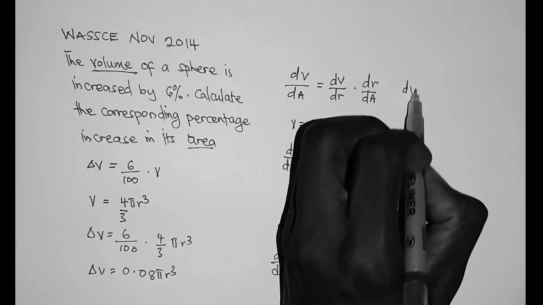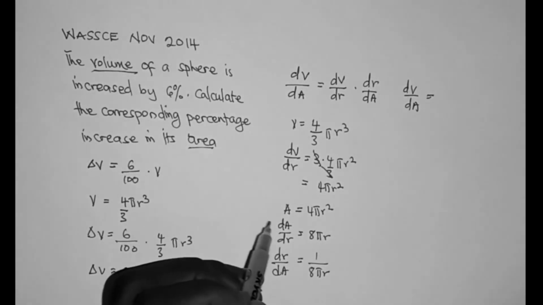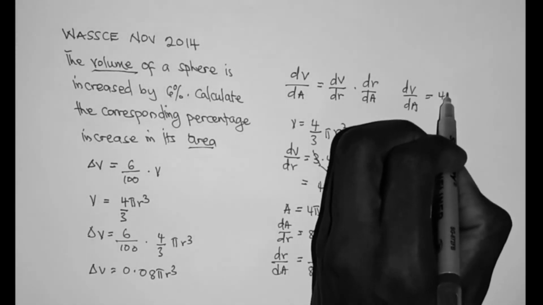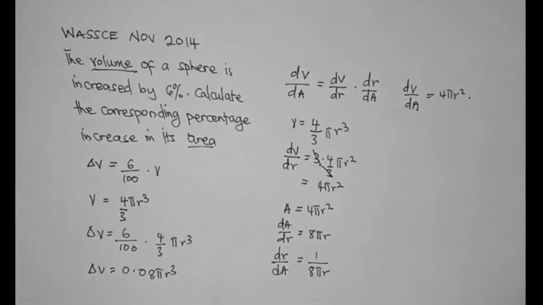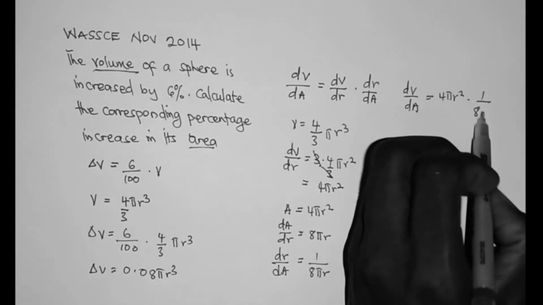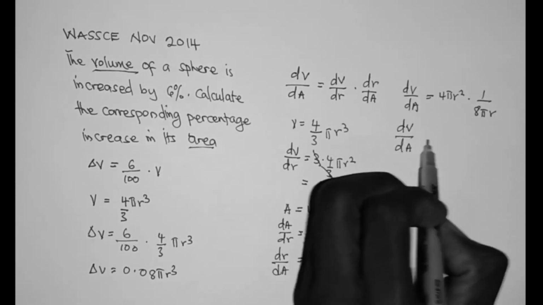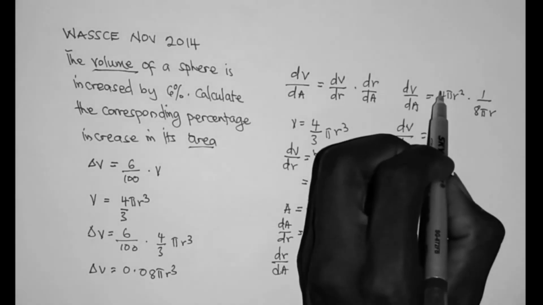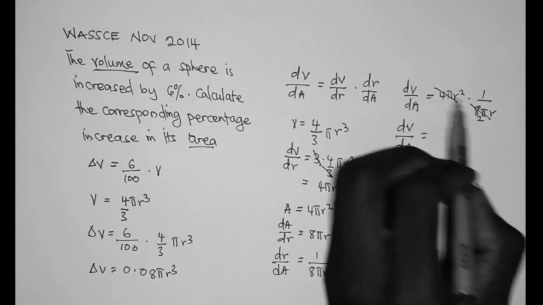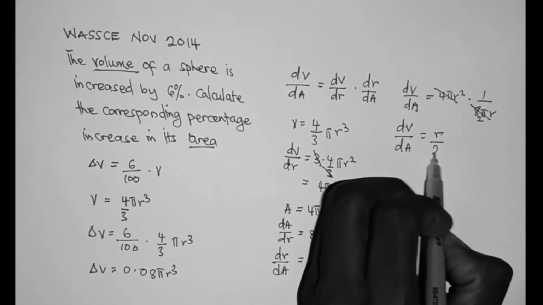So dV/dA is equal to dV/dr, which is 4 pi r squared, times dr/dA, and dr/dA is 1 over 8 pi r. So dV/dA is equal to, 4 pi will cancel 8 pi twice, and this r will eliminate one of the r, so it's just going to be r over 2.